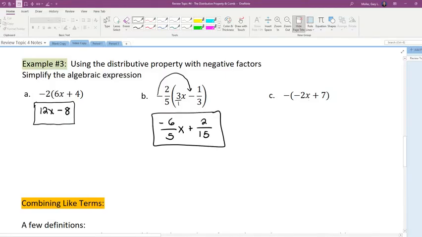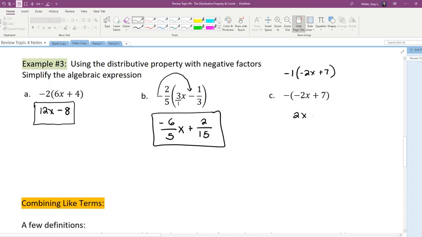And in this case, I would consider this also a distributive property because we don't see it. But what we really have here is a math question. You can think of it as a negative 1 times negative 2x plus 7. So if it helps you to think of it that way, you can always view just a negative all by itself like that as negative 1. So a negative times a negative is a positive, and I get 2x.